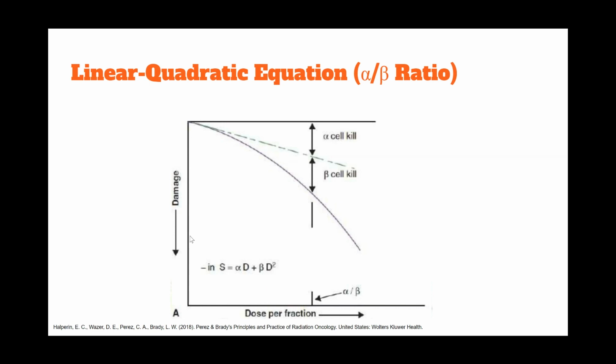They plotted dose versus the surviving cells. As the dose increased, the surviving cells decreased. And they showed that there are two components of cell killing: the alpha cell killing, and the one with the curvature, the slope or the shoulder, the beta cell killing.